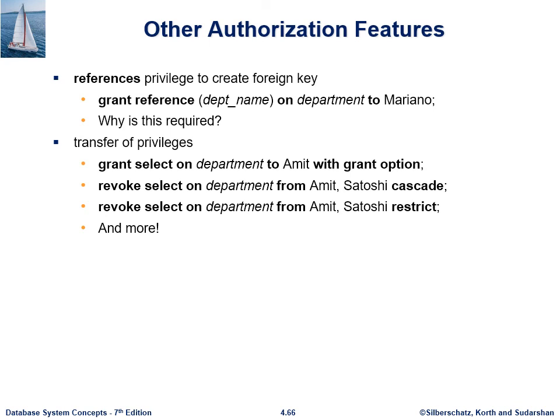For example, grant reference on department name. Here it means we can only create a foreign key reference for that attribute. So we list the attributes for which we allow users to add foreign key references, on the department table, to Marilo. That means we allow Marilo to create a foreign key reference to the department table, so the department table will be the referenced table.